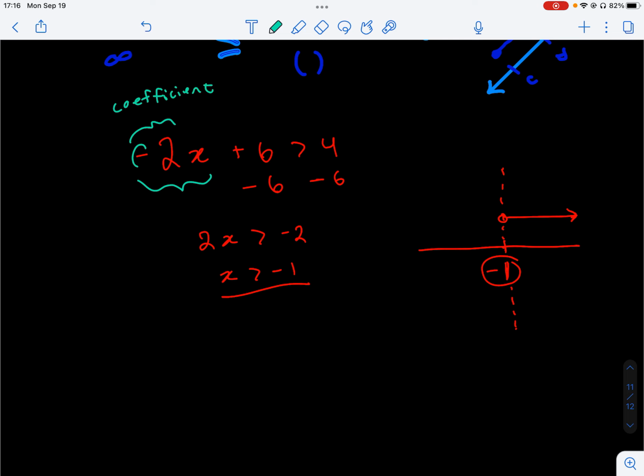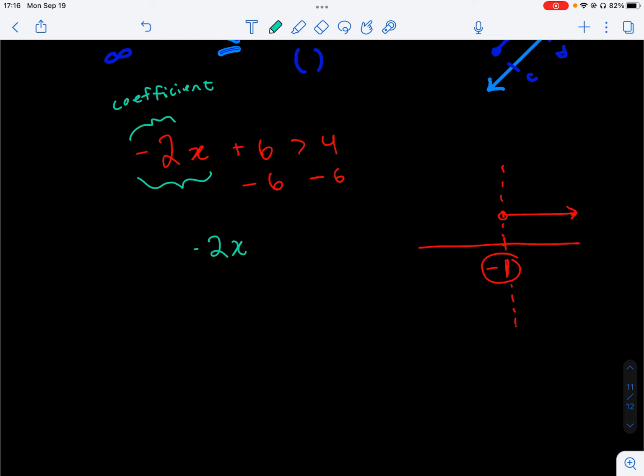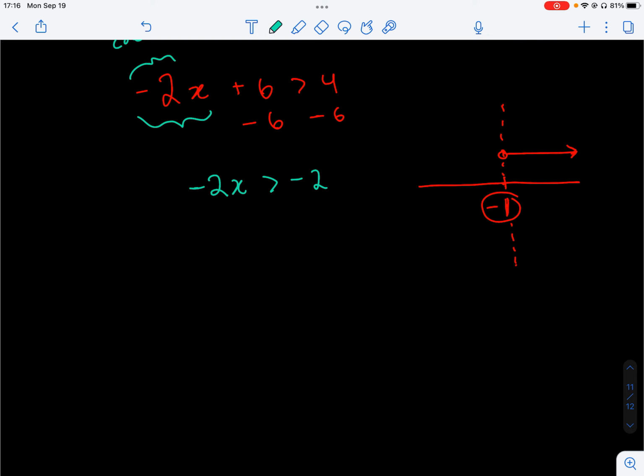For instance here, I can start by solving this expression the same way, and I get negative 2x is greater than negative 2. However, if I were to divide both sides by negative 2, as if this was an equation, we would say the same thing over itself is just 1, so we have x on its own is equal to a positive 1.